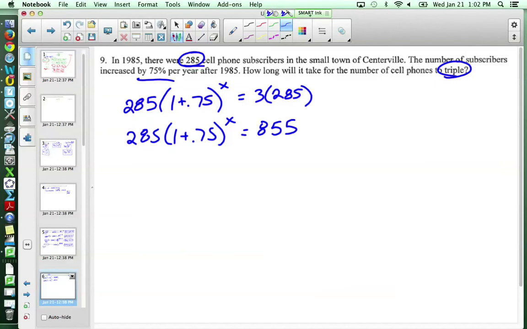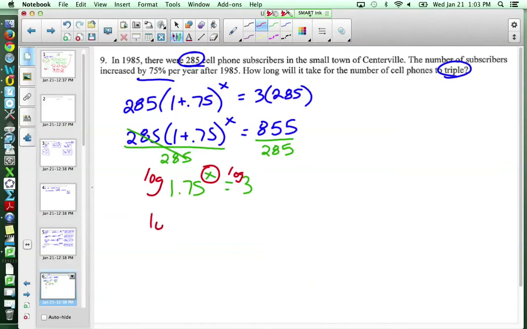855. Now to solve this for x, the first thing that we need to do is divide both sides by 285. Cancels out on the left, we have 1.75 to the x is equal to 855 divided by 285 is 3, because we're tripling. Now is where we have to start using logarithms. In order to get this x out of the exponent here, we need to take the log of both sides.